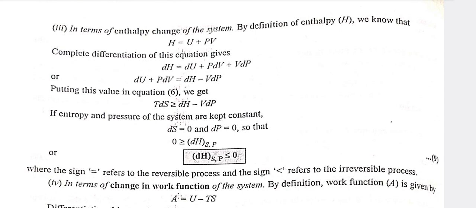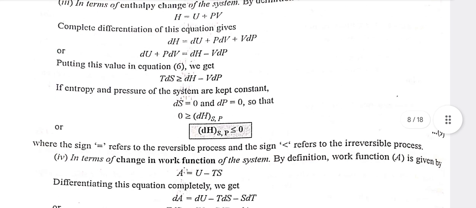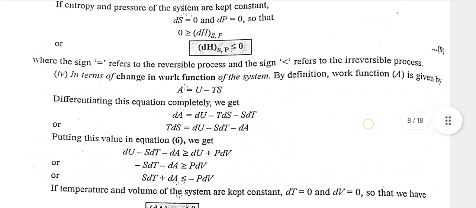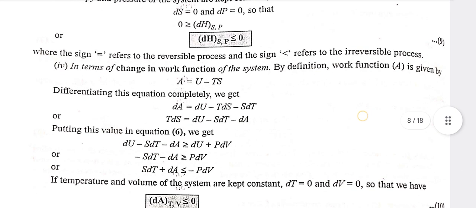Putting this value in equation 6, we get TdS greater than or equal to dH minus VdP. If entropy and pressure of the system are kept constant, dS equals 0 and dP equals 0, so that 0 is greater than or equal to dH, that is, dH is less than or equal to 0, where the sign equal refers to a reversible process and the sign less than refers to an irreversible process.